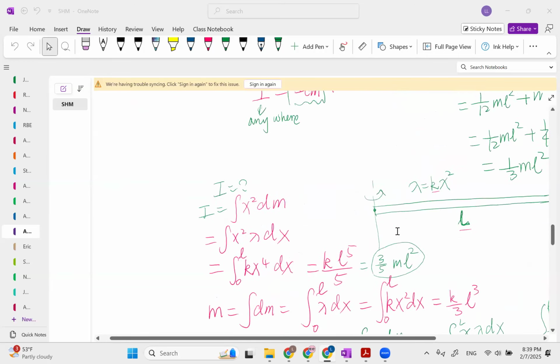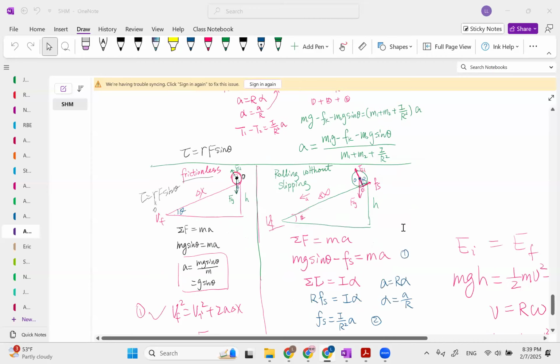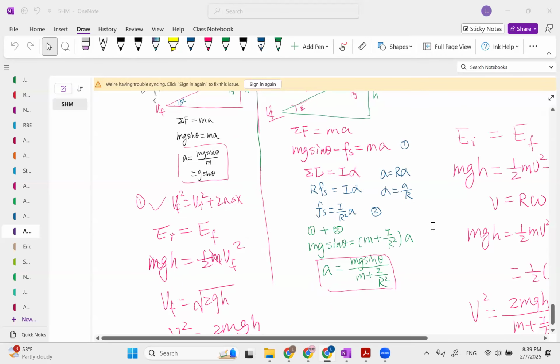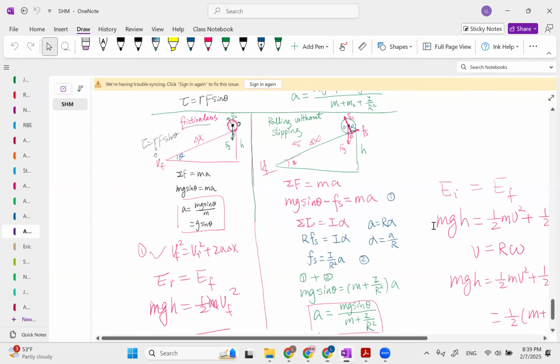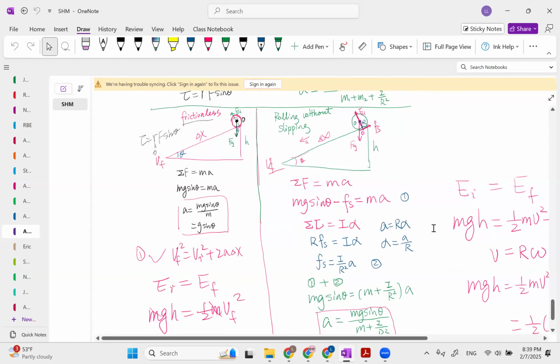So this is a pulley situation, considering rotation and without considering the rotation. Okay. And then you can compare the acceleration and final speed when it's going down the ramp. Then you see these are two different situations. What are those two different situations? Slipping versus frictionless, or rolling without slipping versus frictionless.